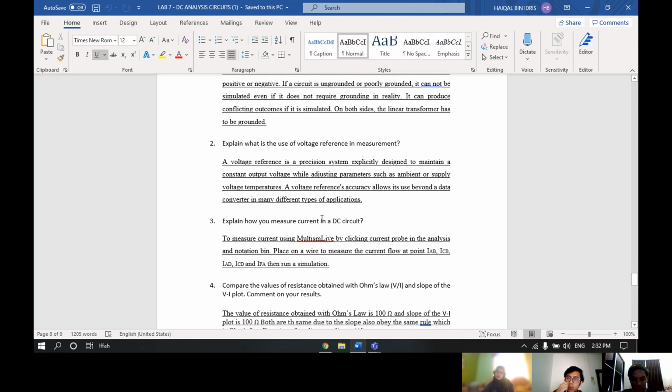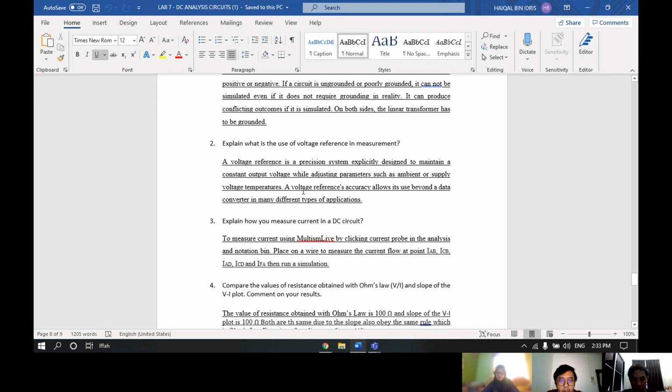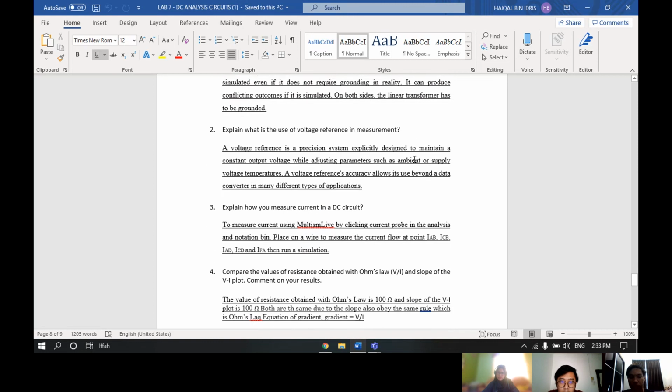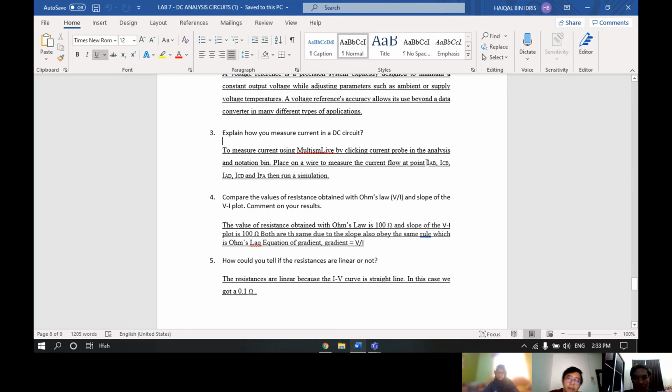Question 2 is: explain what is the use of voltage reference in measurement. A voltage reference is a precision system explicitly designed to maintain a constant output voltage while adjusting parameters such as ambient temperature or supply voltage. For question 3, we need to explain how to measure current in a DC circuit.